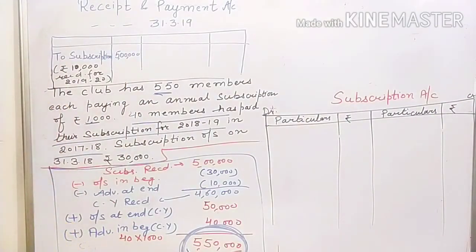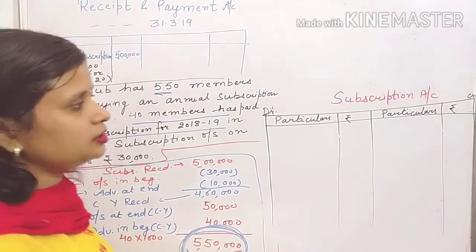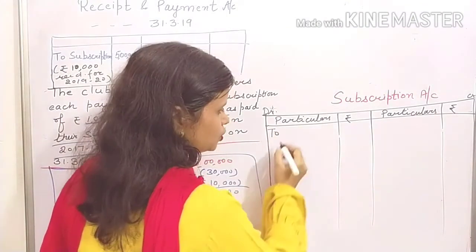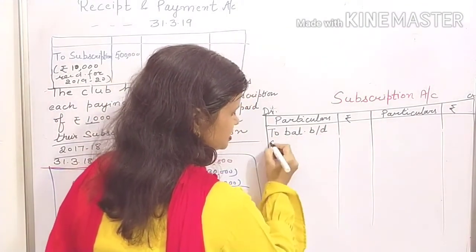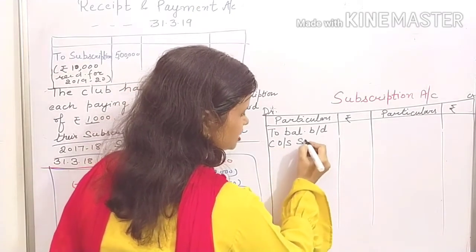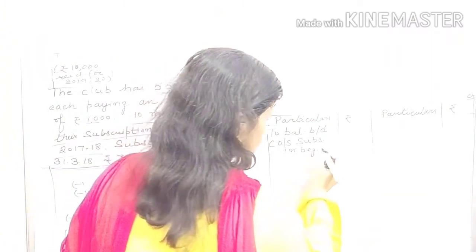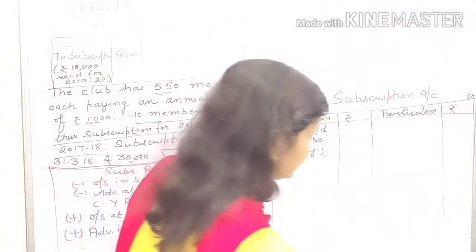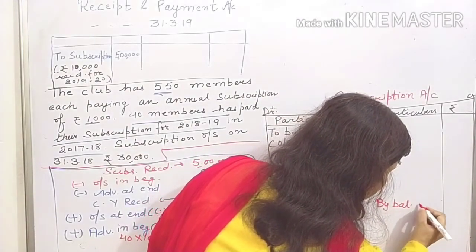Now, how will you prepare the subscription account? Outstanding in the beginning is an asset for the NPO, so that will be shown on the debit side, to balance brought down. This is outstanding subscription in the beginning, and outstanding subscription at the end will be shown on the credit side, by balance carried down.